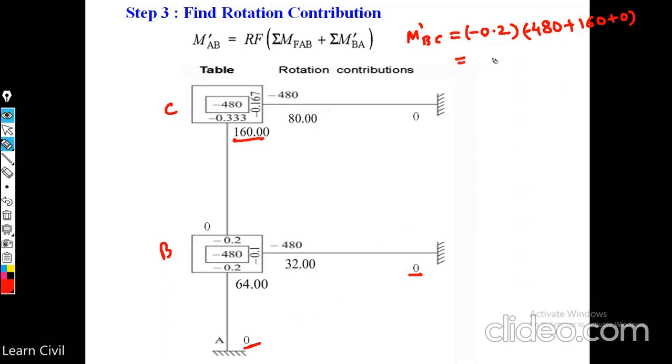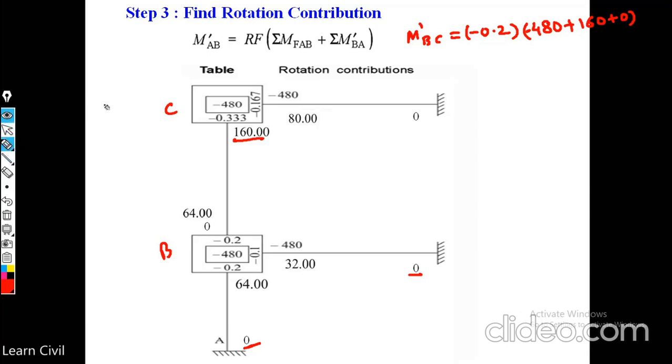So we get this value as 64 again. Just write down this value here. Okay, we'll get 64.